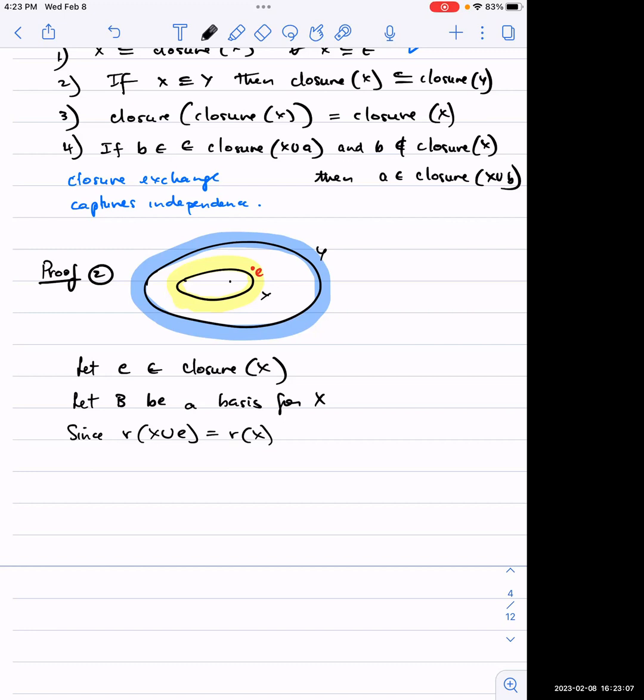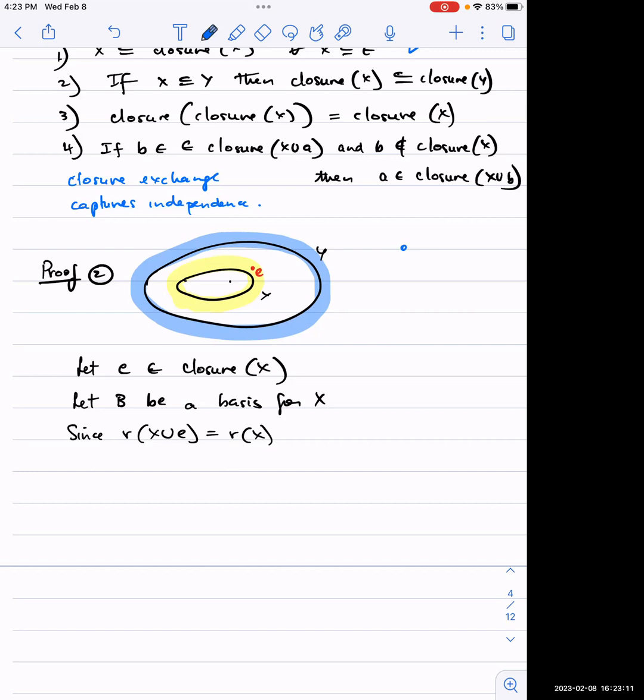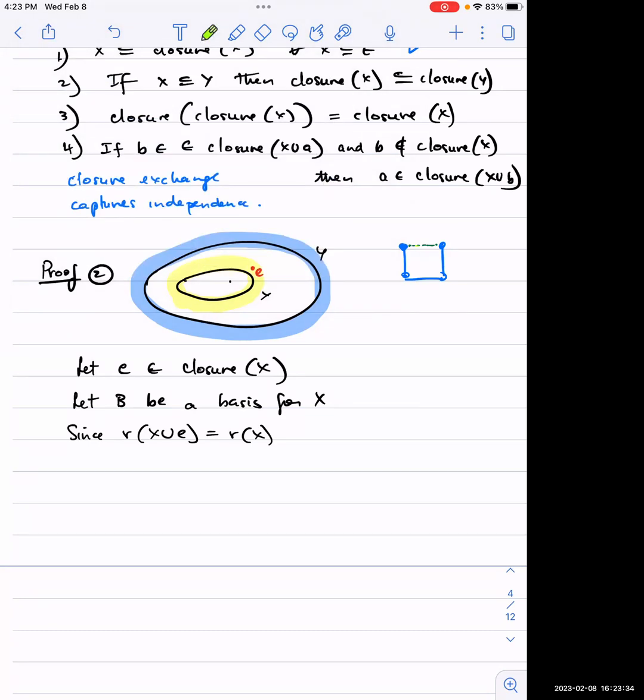And if you want a visual example, maybe graphs is a good one here. If you have this edge here, this green edge, in this graph, the blue edges are the spanning tree. The spanning tree is 3. So the rank of this graph is 3, but the green edge does not add anything to the rank, right?